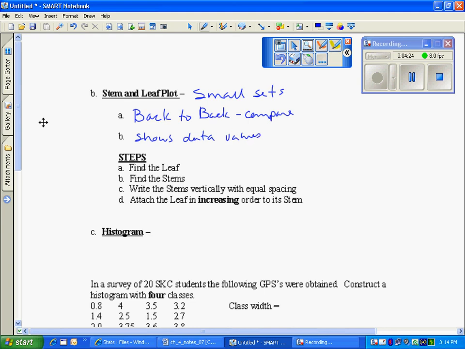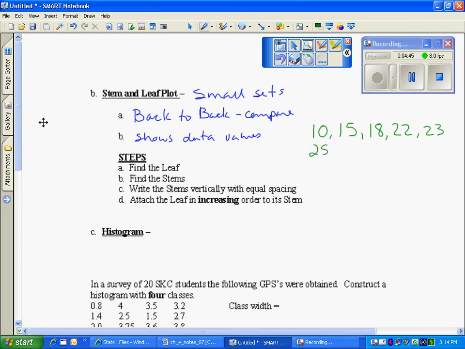So how do we construct a stem and leaf? Well, given a set of data, we have the stem and we have the leaf. Another piece, 15. Stem is 1, leaf is 5. Stem is 1, leaf is 8. So think of a tree, and off of the stem comes the leaf.